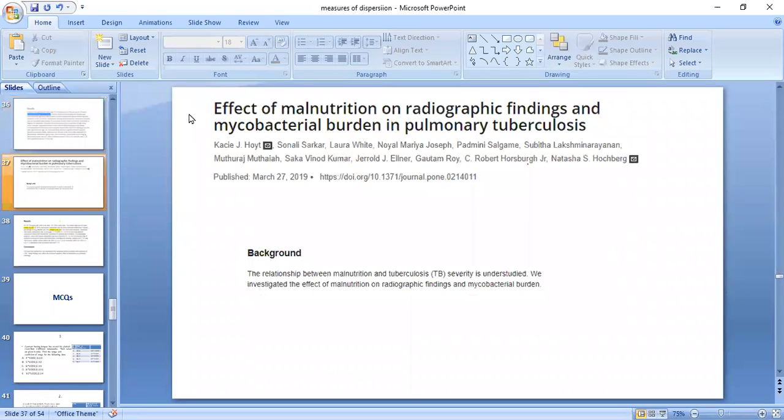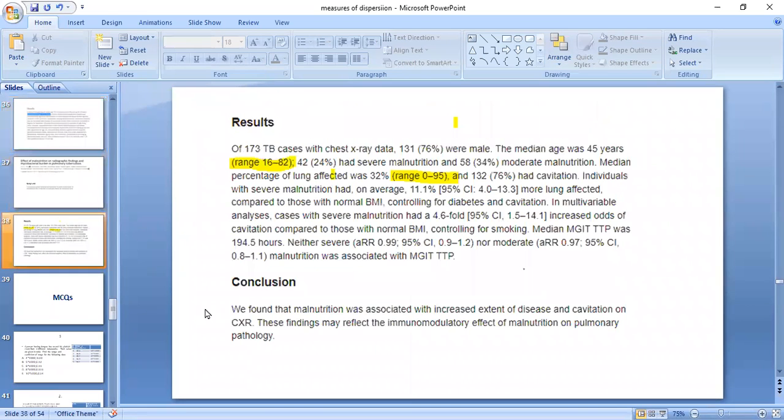The second article is effect of malnutrition on radiographic findings and mycobacteria burden in pulmonary tuberculosis. The background is the relationship between the malnutrition and tuberculosis severity is understood. We investigated the effect of malnutrition on radiological findings and mycobacterial burden.